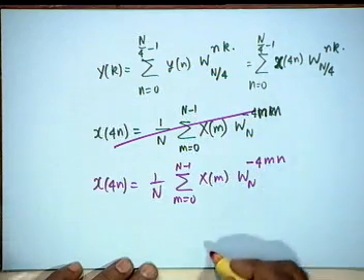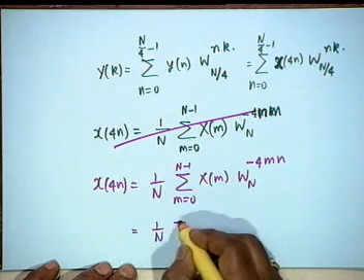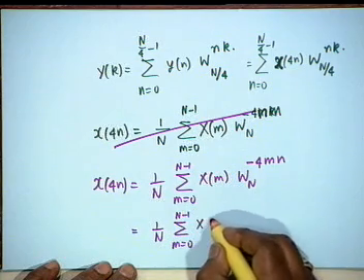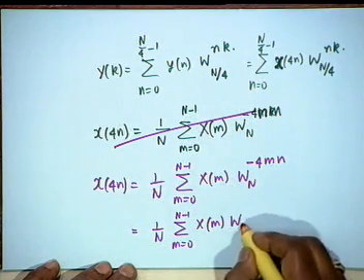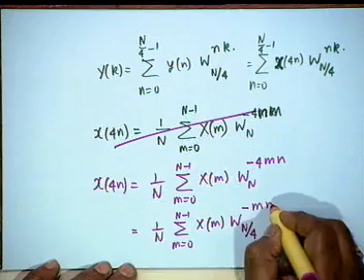Now this 4 I can bring here. So I can write this as 1 over summation m equal to 0 to capital N minus 1 x of m w n by 4 raised to the power minus m n.